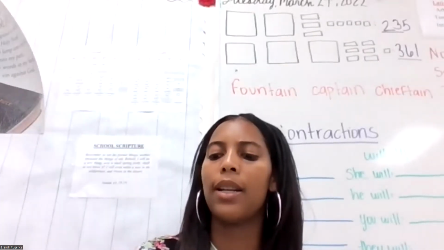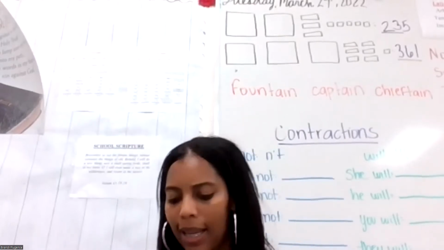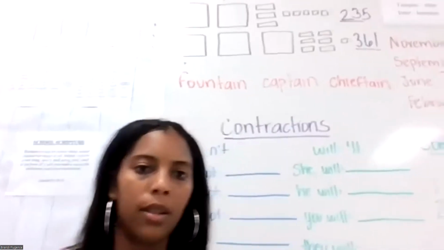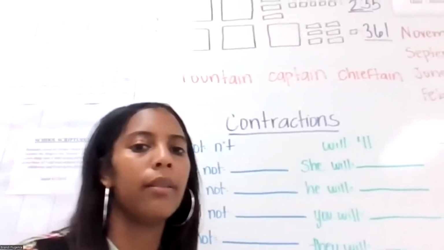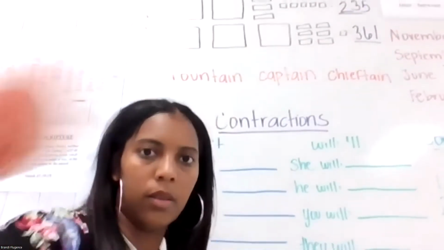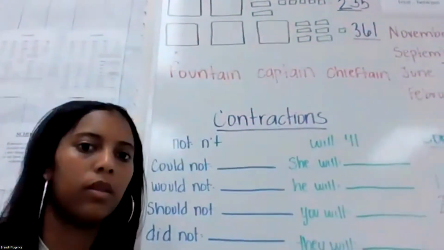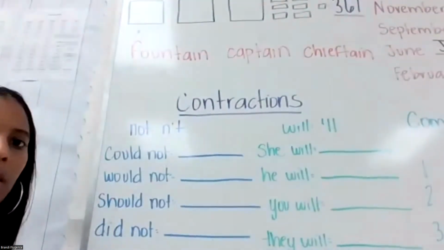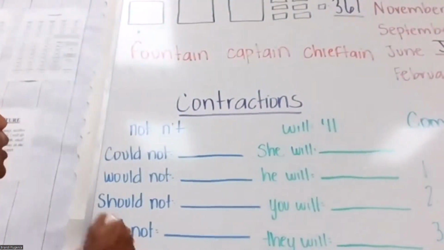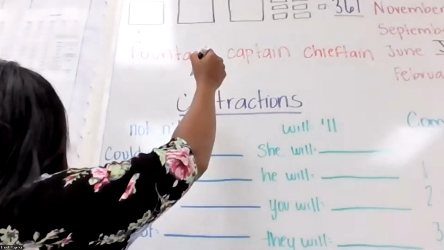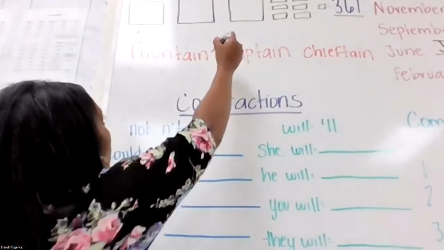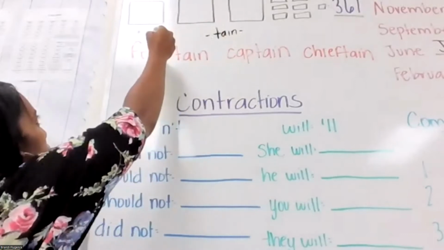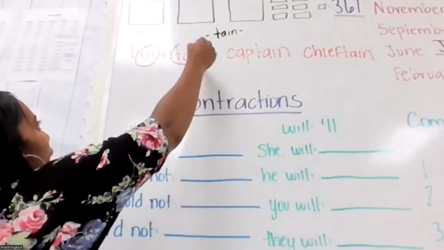So today we'll move on to our next sound on thirteen, which is TAIN. That says ton, like in mountain. So let's look at the words I have here. The first one: OUL and TAIN, ton.